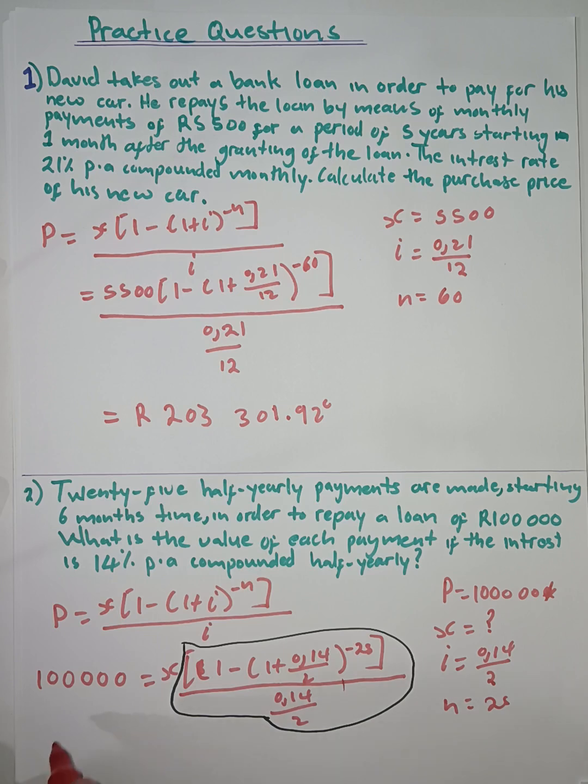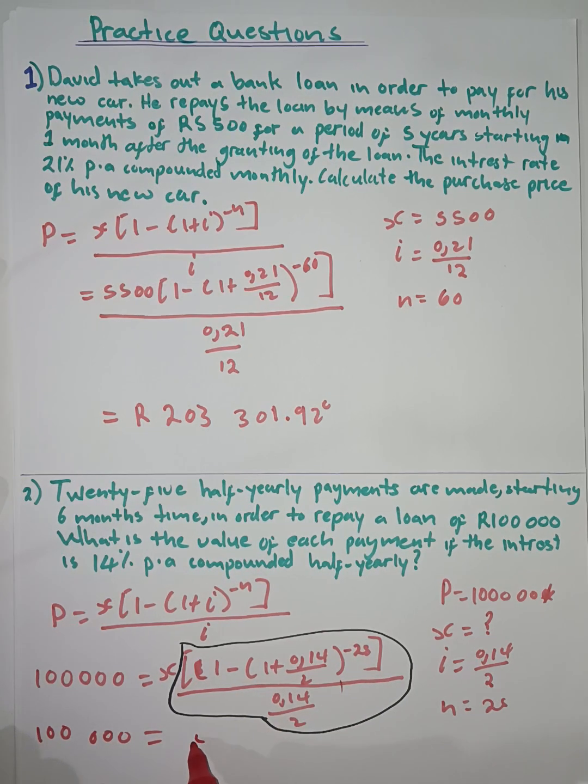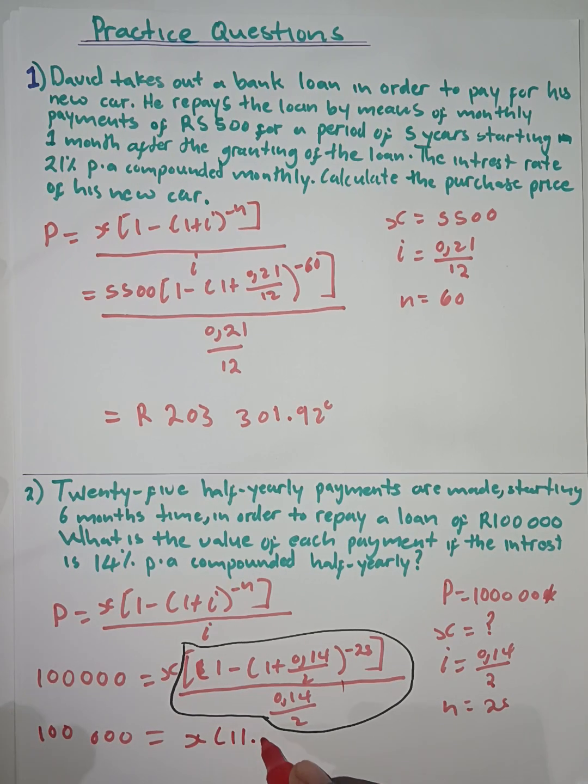So in this case, when you press this on your calculator, you'd get a value of 11.653583 and some other cents. To get X alone, you need to divide by 11.653 and those other cents.